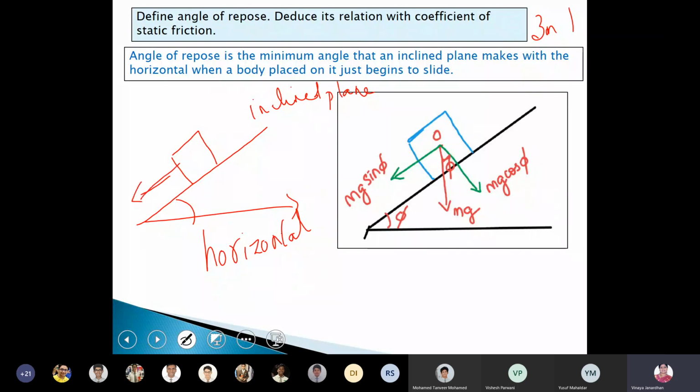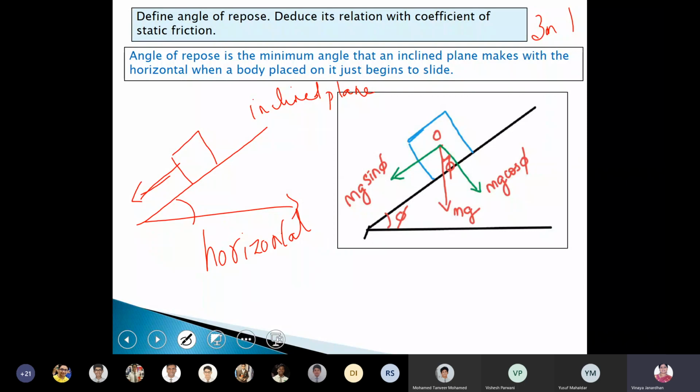Are you clear, boys? I have an inclined plane that makes some angle with the horizontal. You keep a body on it and keep tilting the inclined plane. At one particular point, the body begins to slide. That is natural, right? You yourself can check.